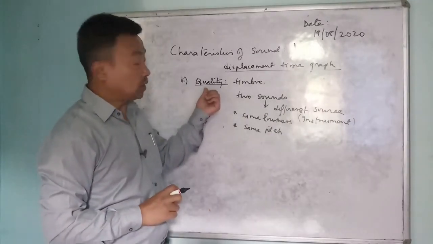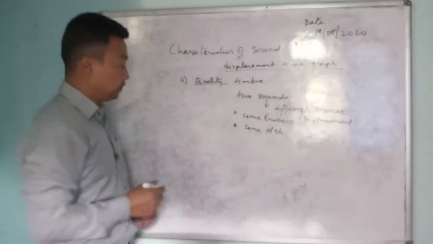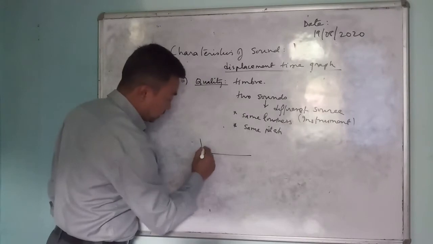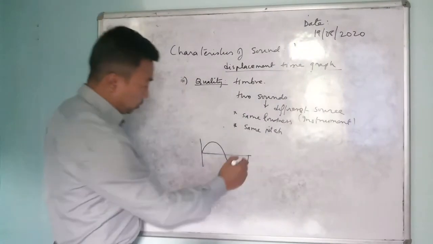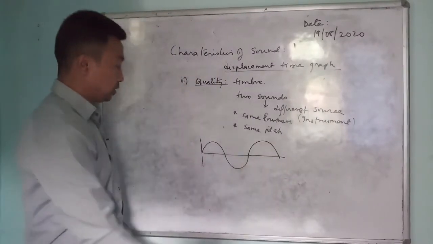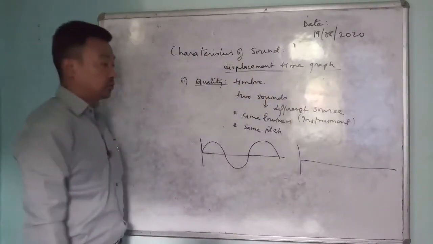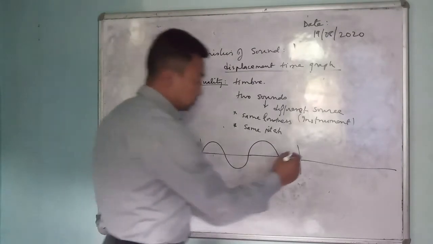Now what factor does it depend on? It depends on the waveform. You will get a different waveform. For example, if I draw a simple displacement-time graph, let me complete one wave like this, and let me draw another sound. Now here we have a form like this.